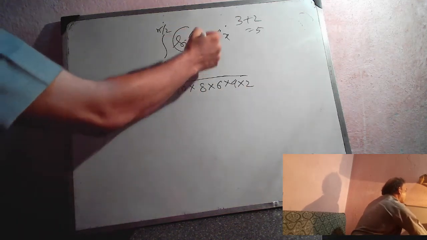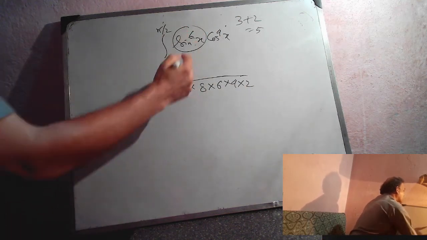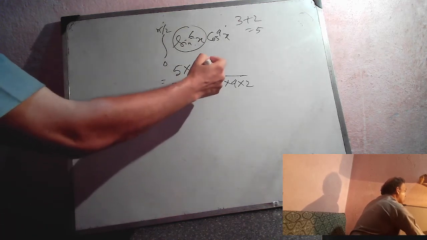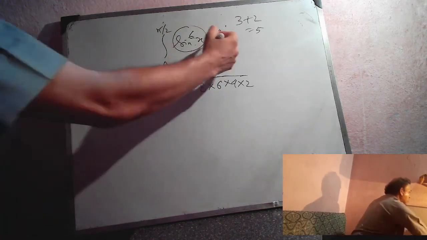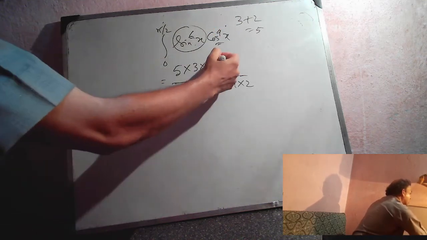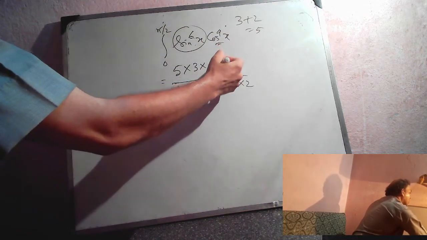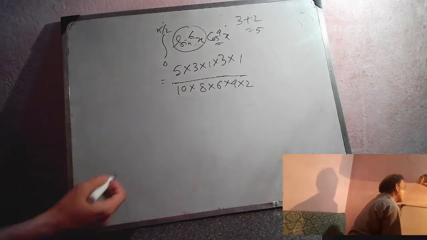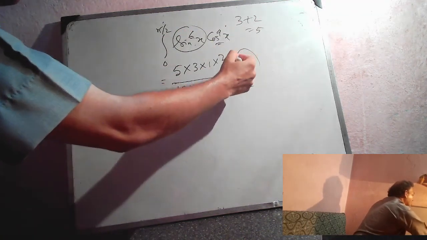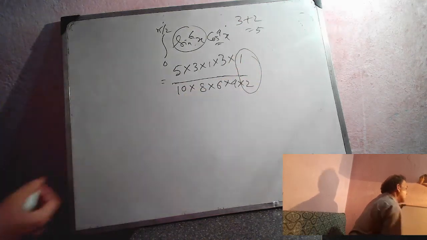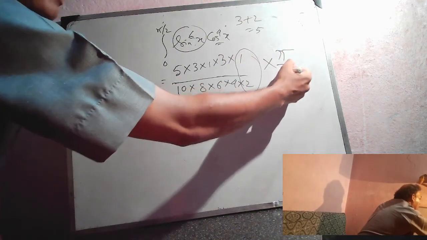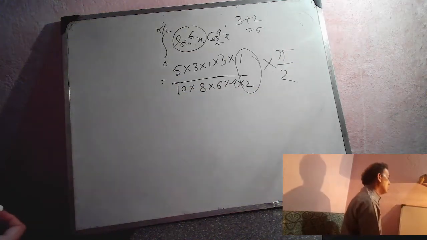Now for the sine part, write 6 minus 1, start with 5, then write 3, then 1. For the cos part, start with 4 minus 1, 3, then decrease by 2 units, 1. As both are even, so we have 1 by 2. Now at the end, you have to multiply it by pi by 2.